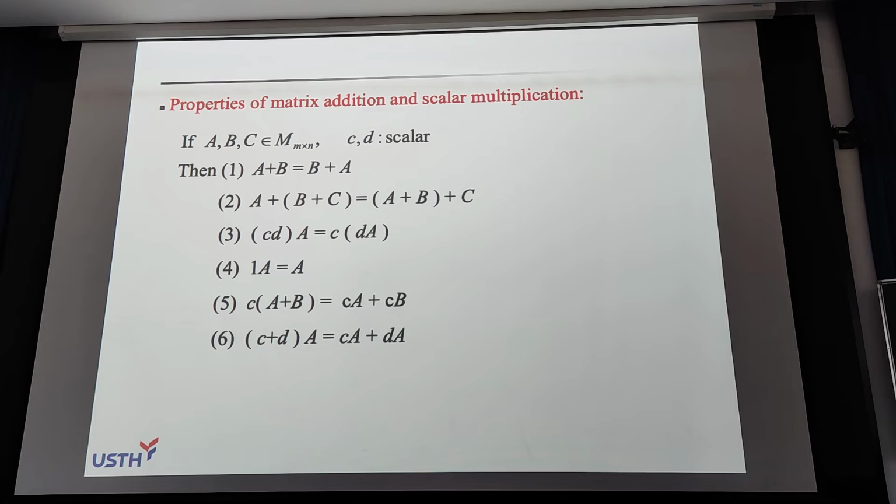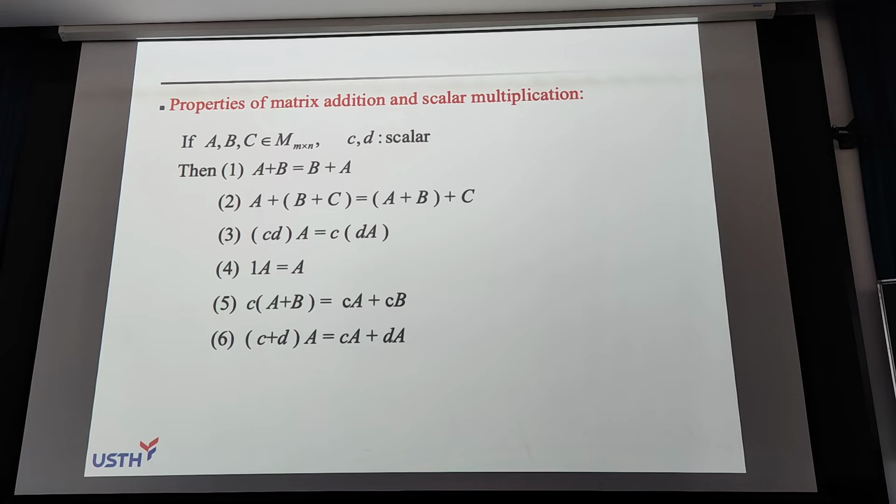Now we take two numbers C and D. First we add them together like two numbers, cộng hai số C and D together, we get a new number. You take that number multiplied by matrix A, that equals, first you multiply C by A and then D by A and then you add them together. So that is the sixth property.